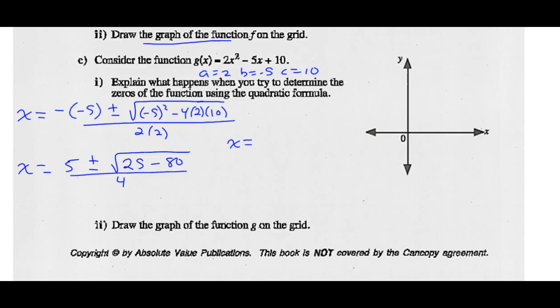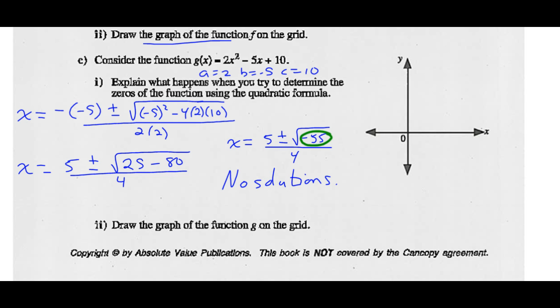So we get x equals 5 plus or minus the square root of negative 55, all over 4. Right here, negative 55, we can't have a negative underneath the radical sign. That's not a real number. So we'd say there are no solutions or no roots to this equation.